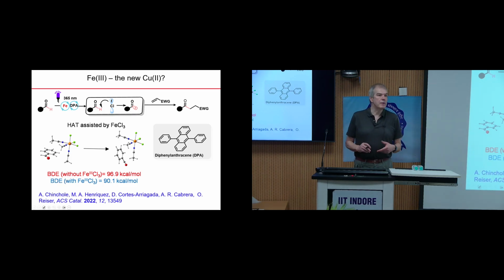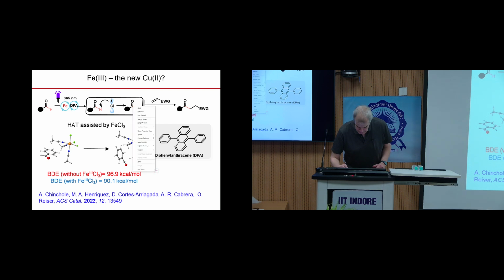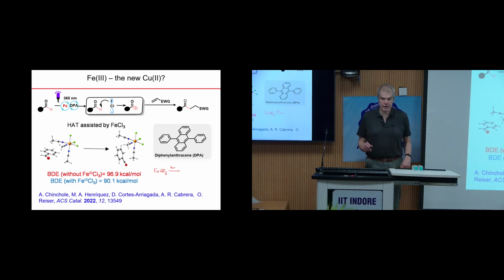So we started asking a very simple question. Can we take iron 3 chloride, I draw it down here. Let me see if it lets me do it. And if this gets irradiated, and you can see we have to do this because we don't have a ligand here.